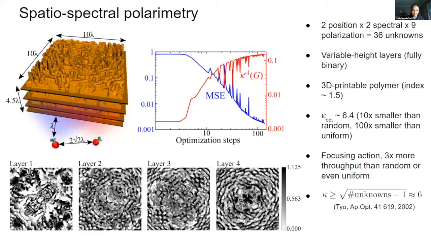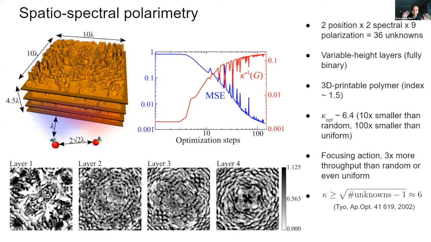So yeah, this is the result of our end-to-end info design method. Basically what we're optimizing is 4 layers of free-form geometry. All the layers together are only 4.5 microns thick, which is really compact compared to several centimeters of lenses and mirrors and whatnot.